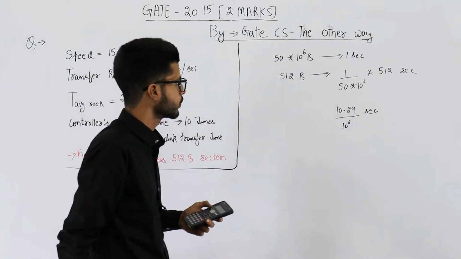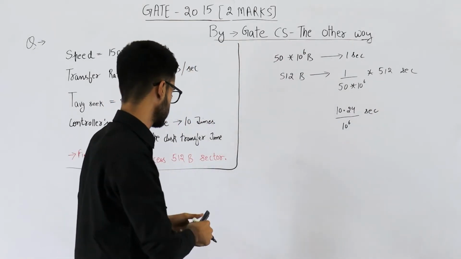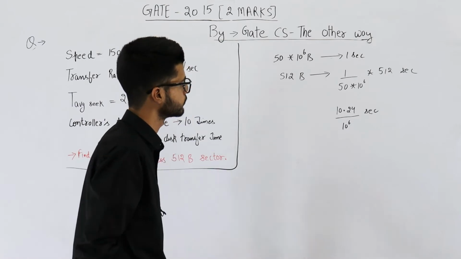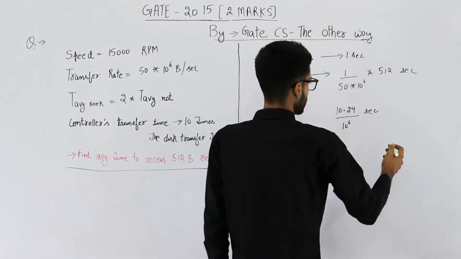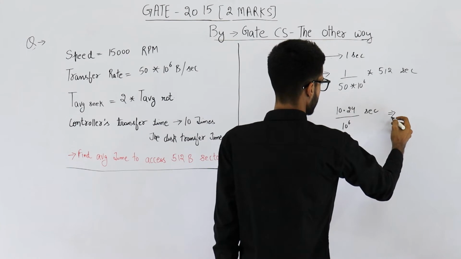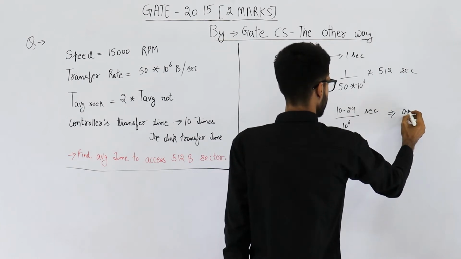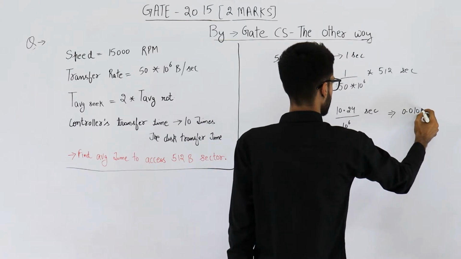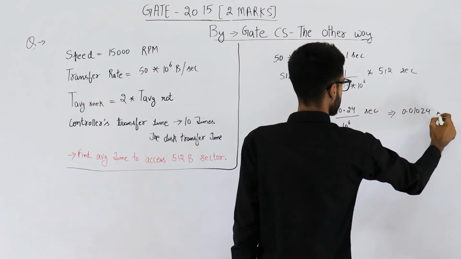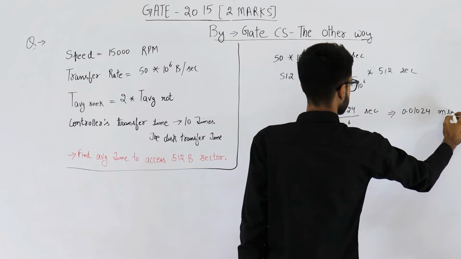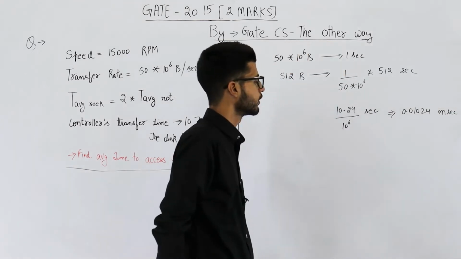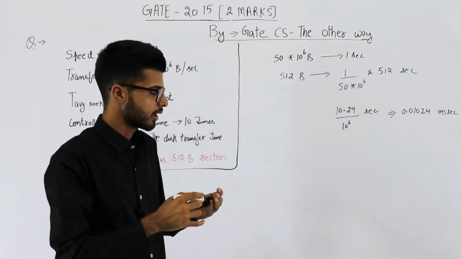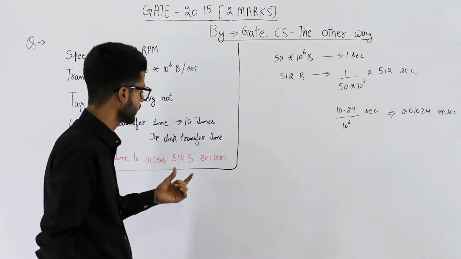Let's convert it into milliseconds because the answer is required in milliseconds only. It's going to be 0.01024 milliseconds. Okay. So this much time is required for actual data transfer.